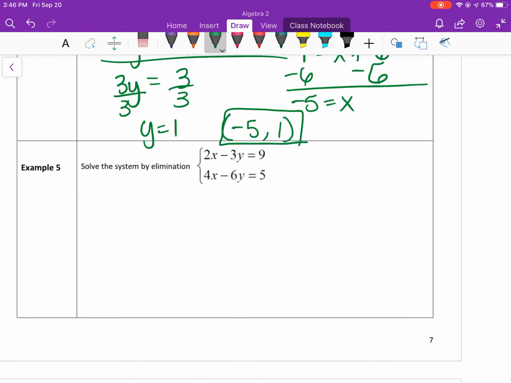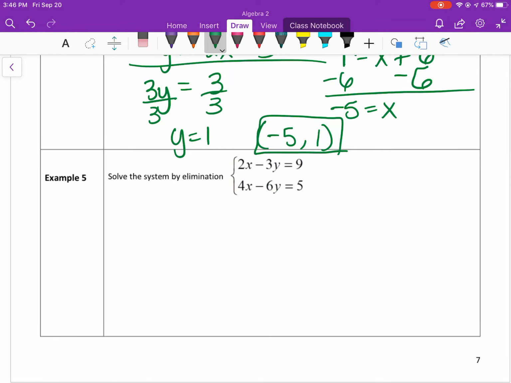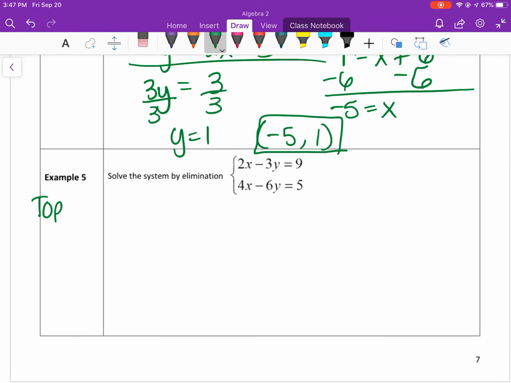Okay, in example 5, I don't have opposites, and I don't have a pair where one's positive and one's negative. So here you can choose to eliminate either the x's or the y's. I think I'm just going to go with the x's. I have a 2x and a 4x. Since it is a positive 4x on the bottom, I'm going to have to multiply the top by negative 2, because I want it to be a negative 4x.